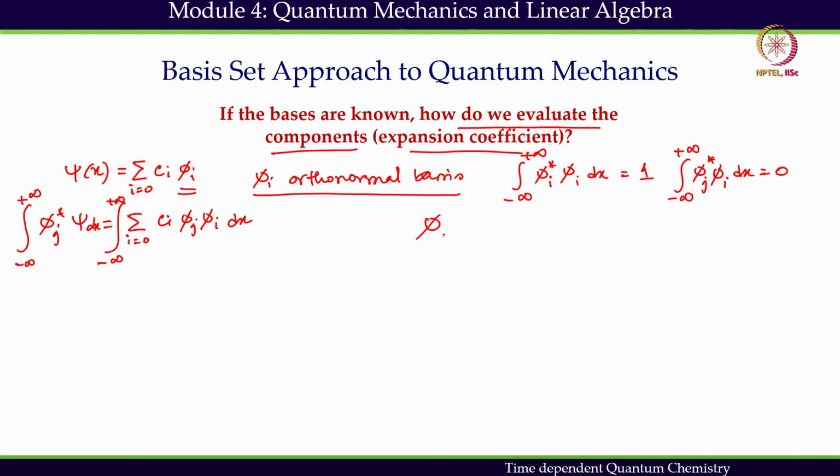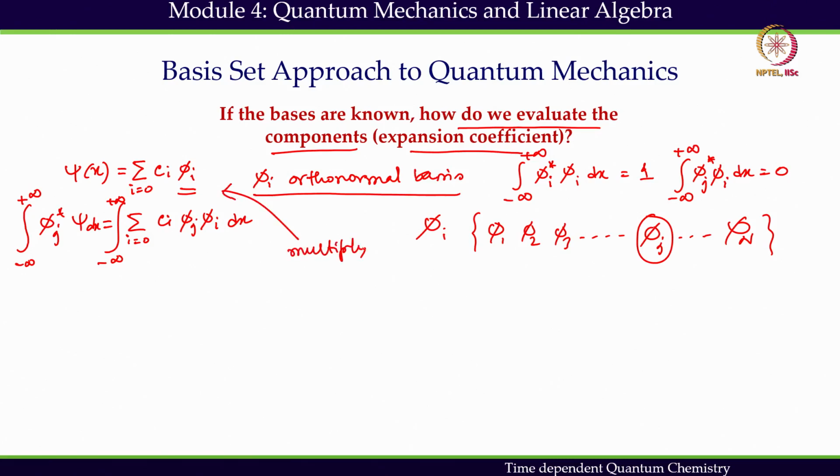So, we had a basis phi_i, which means phi_1, phi_2, phi_3, dot dot dot, phi_j, dot dot dot, phi_n, all these basis functions we have. What we have done is select one particular phi_j and multiply phi_j star from the left, and then integrate.